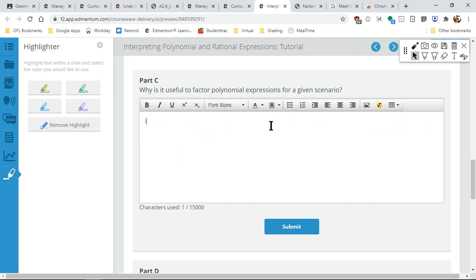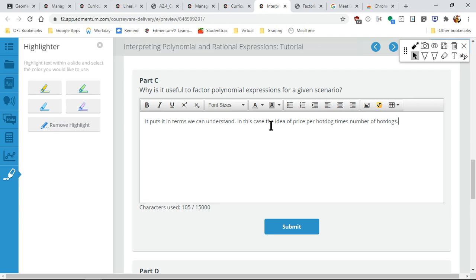It puts it in terms we can understand. In this case, the idea of price per hot dog times number of hot dogs. That's what we're doing here.